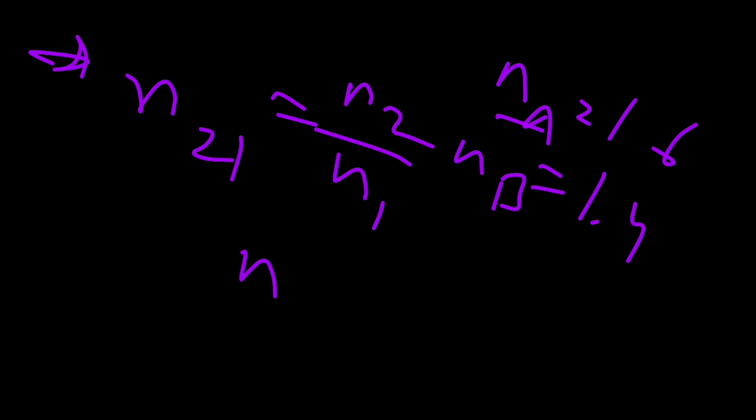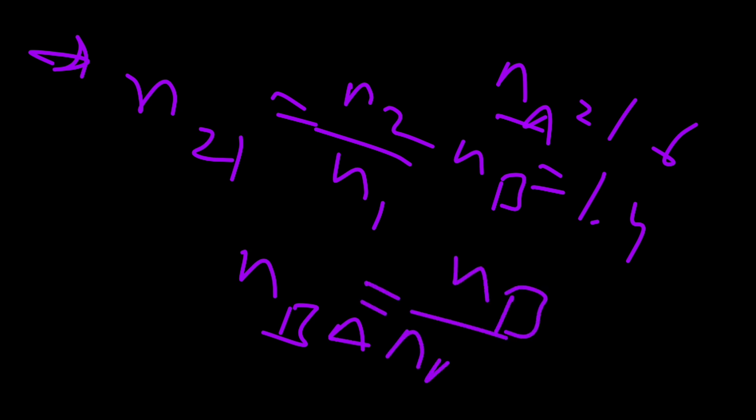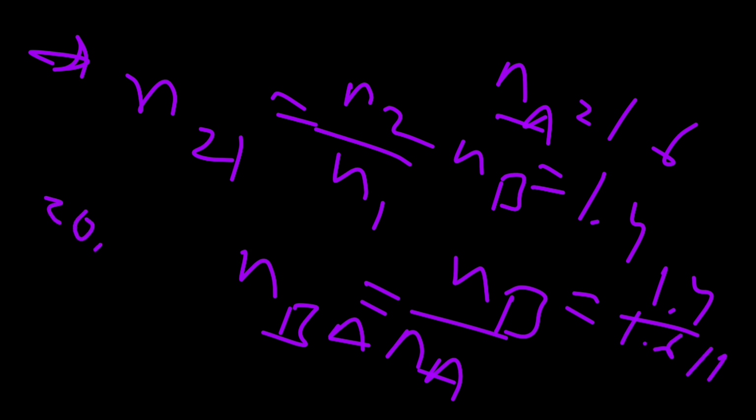So N_BA is equal to NB by NA, which is 1.4 by 1.6. When you divide this, you will get 0.875. So let's do the problems that are given in our textbooks.